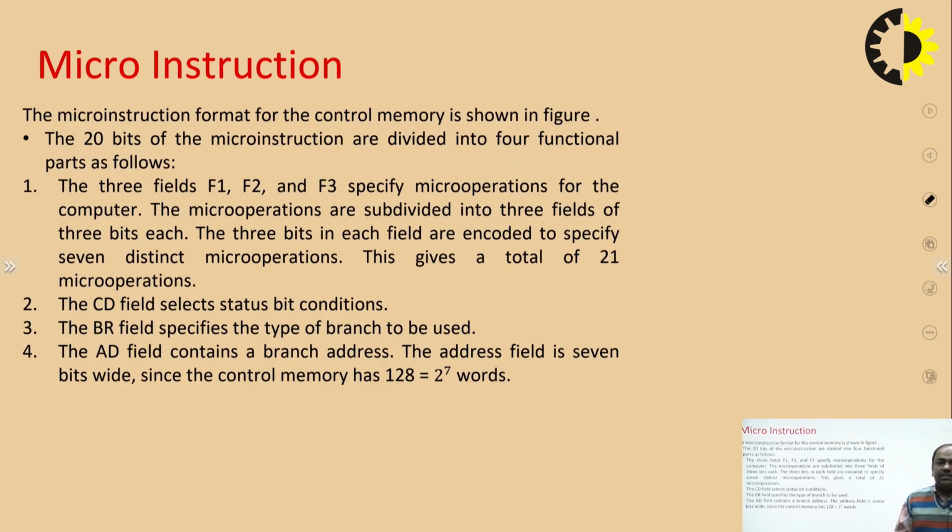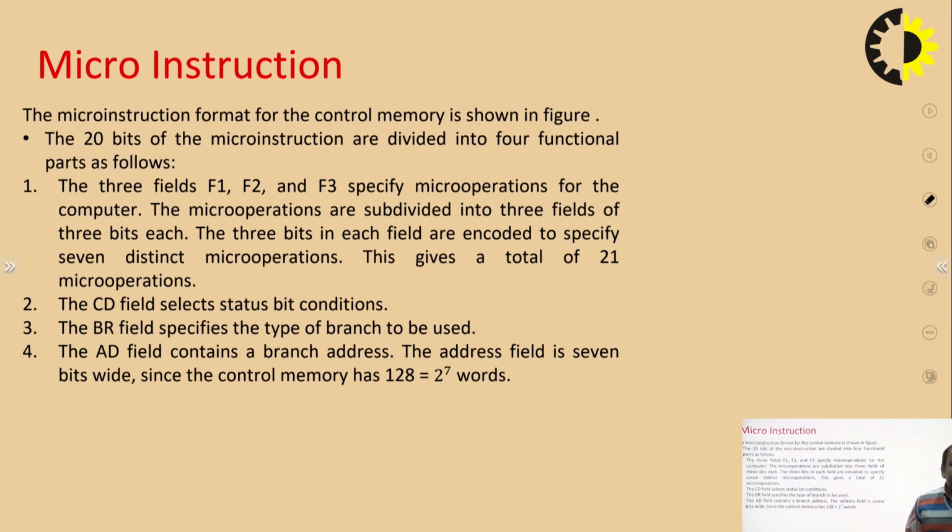Basically, the micro instruction format for the control memory is 20 bits, divided into 4 functional parts, in which the 3 fields F1, F2 and F3 specify the micro operations for the computer. The micro operations are subdivided into 3 fields of 3 bits each, F1, F2, F3, which constitute 9 bits.